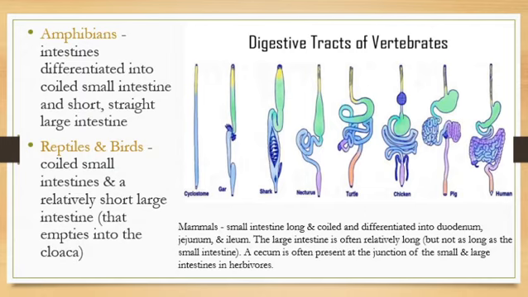Now, in sharks, the stomach area is increased but the esophagus is shortened. The intestines already have certain compartments in sharks, leading directly to the cloaca.